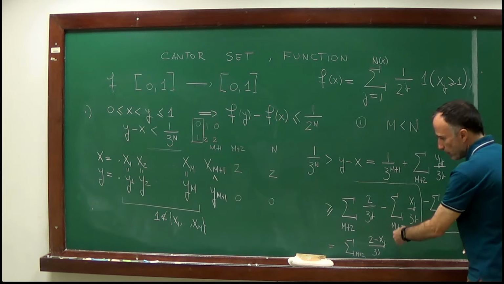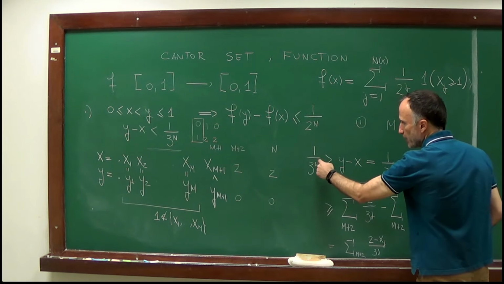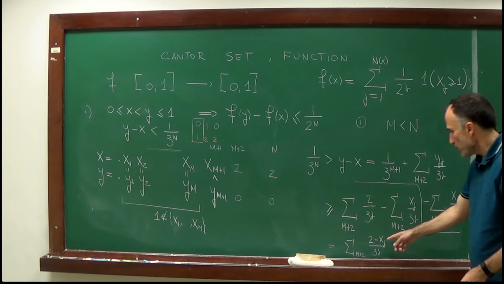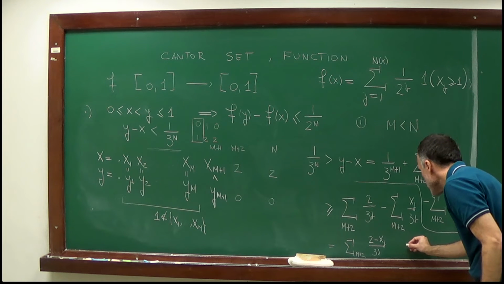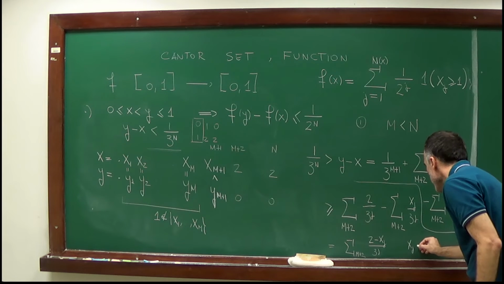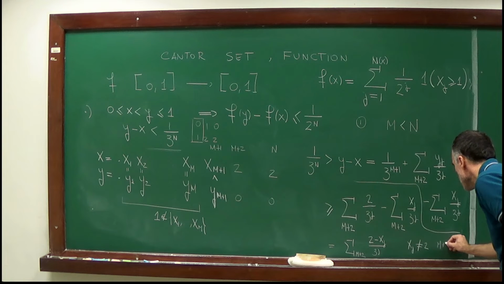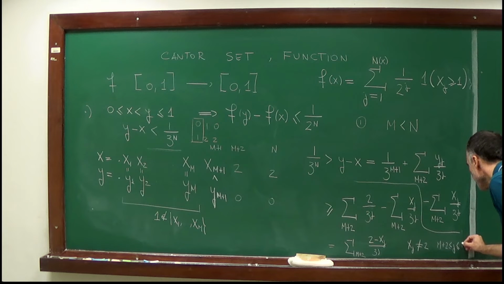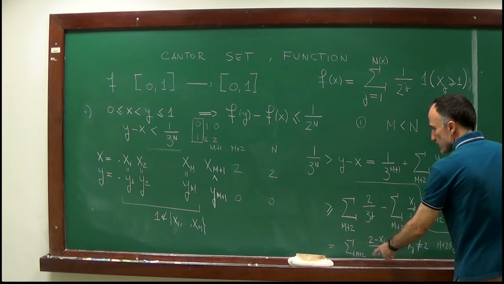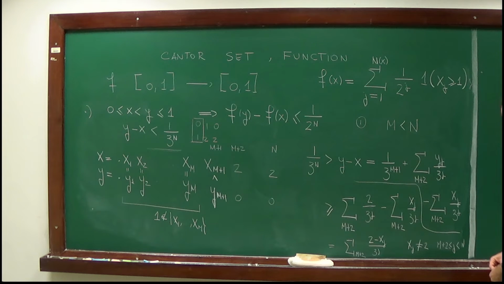And now what I observe is that, well, I need this sum to be bounded by 1 over 3^n. So if there exists an x_j different from 2, for j between n plus 2 and n minus 1, this inequality is false, right?